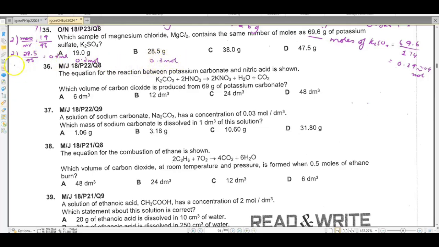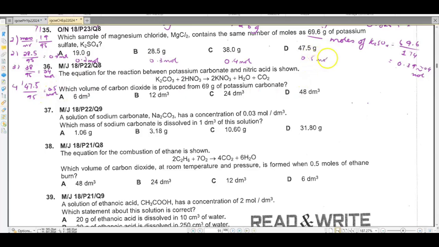When the mass is 38 grams, Mr still is 95. So this is going to give you 0.4. And then there is the fourth one, which is 47.5 by 95. This is going to give us 0.5 moles.